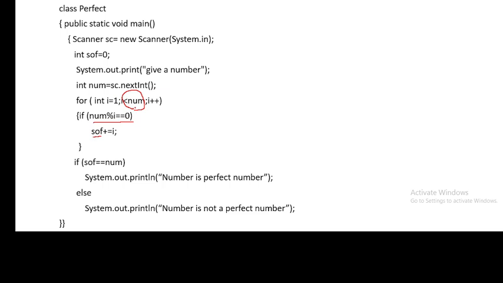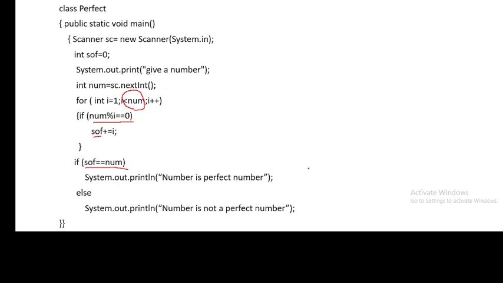So you have to take care that when we are checking for perfect numbers, this loop should go 1 less than the number. So i will go from 1 to less than num. And finally when this loop terminates, we check whether this sum of factors is equal to the number itself. If it is so, then the number is a perfect number, otherwise it is not a perfect number.